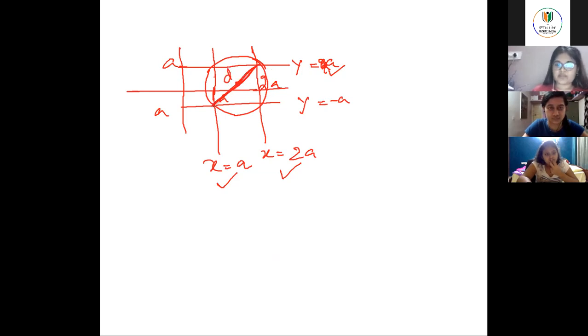So you have to find the distance between (a, a) and (2a, a). You know the distance formula? Divided by 2, you will get the radius of the circle. Okay.